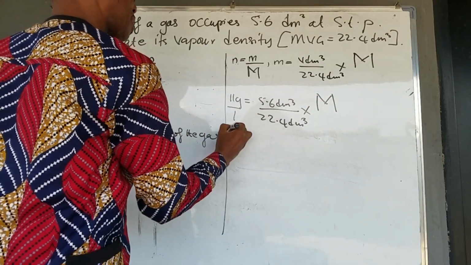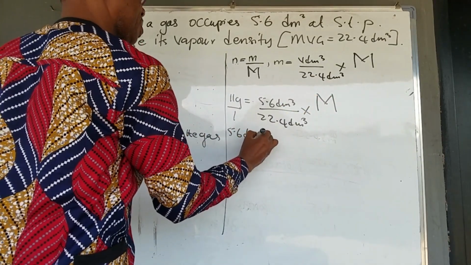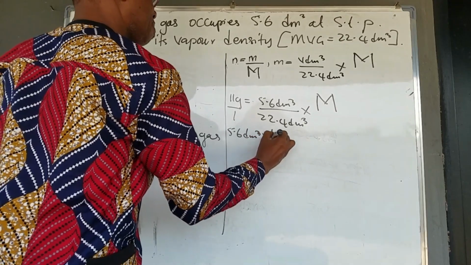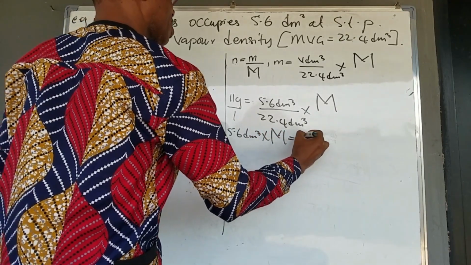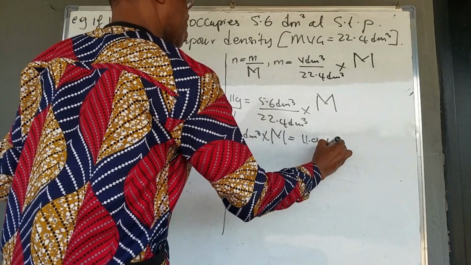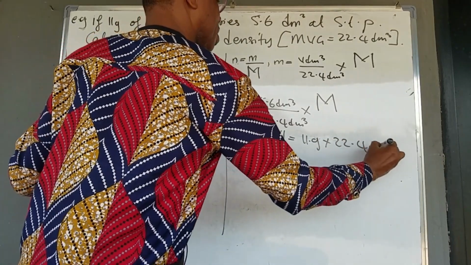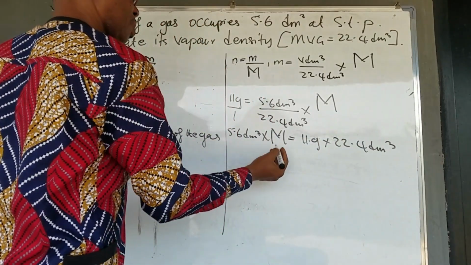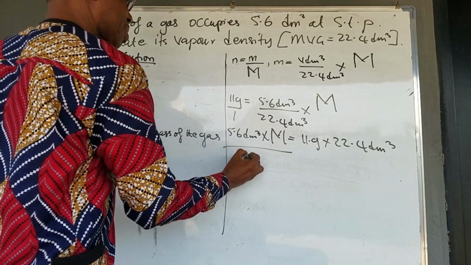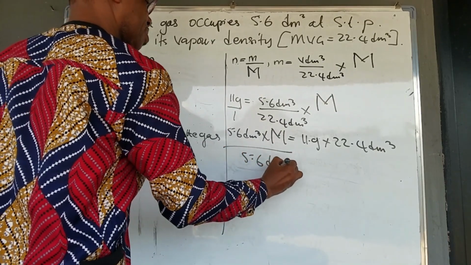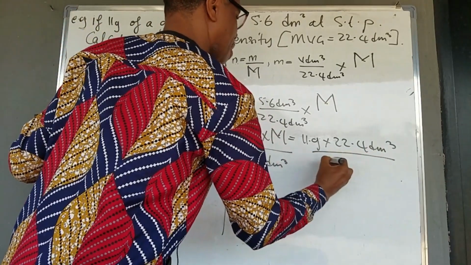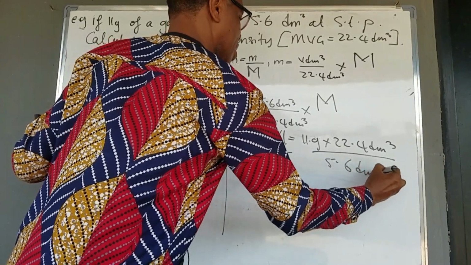So I now have 5.6 dm³ times the big M is equal to 11 gram times 22.4 dm³. To get this, divide both sides by 5.6 dm³ and this side also by 5.6 dm³.